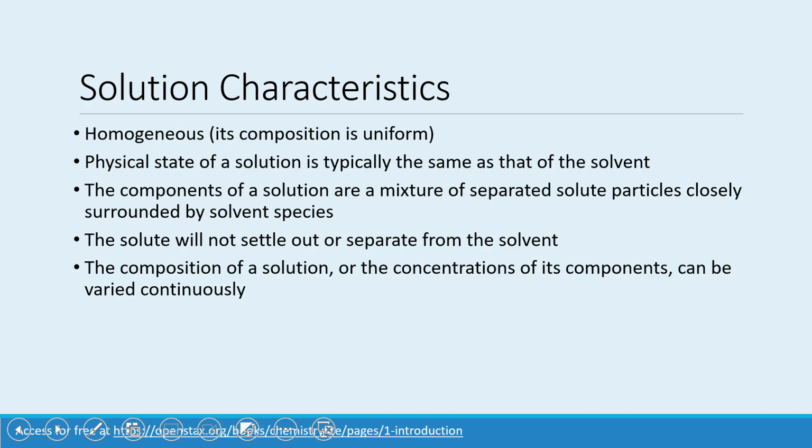And we'll see several pictures as we continue on in this video. The solute cannot settle out or separate from that solvent, and the composition of the solution or the concentrations, they can vary, right? So we can either dilute a solution and make it less concentrated, or we can concentrate a solution and add more solute to the system.